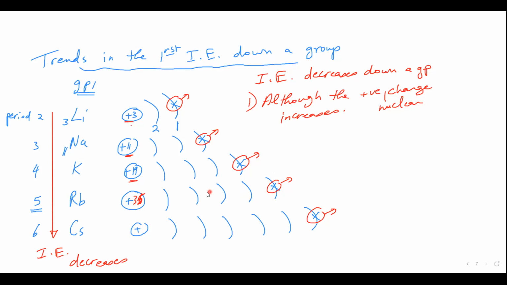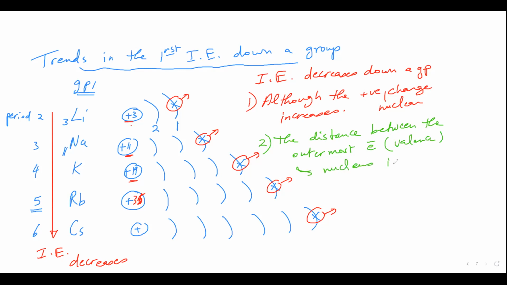But we have 2 other factors outweighing this increase in positive charge. The first factor is that, as Rodina said, the distance between the outermost electron, or we can call it the valence electron, and the nucleus increases.